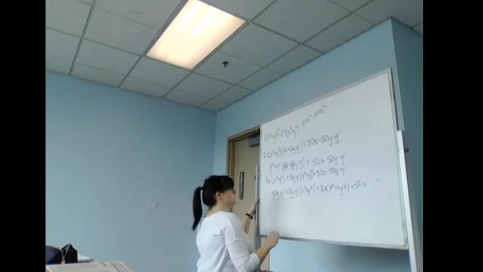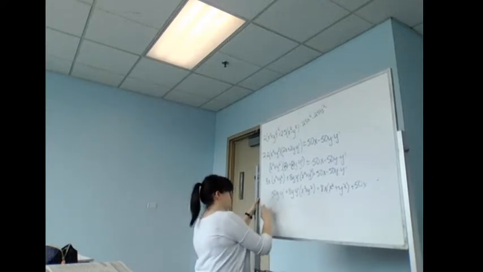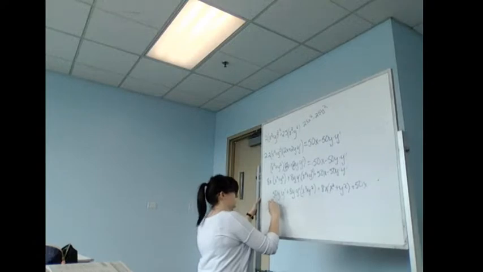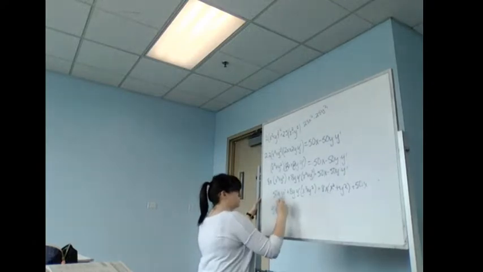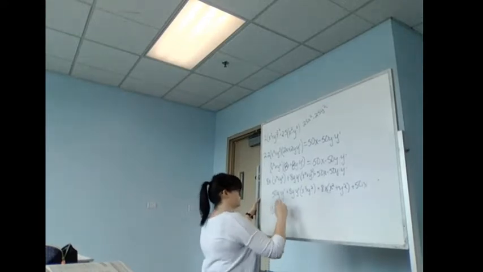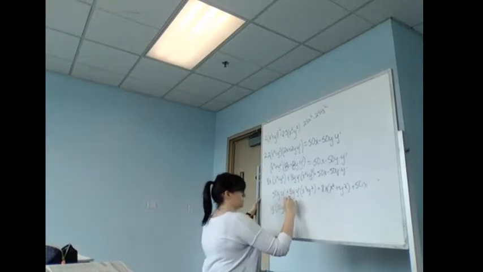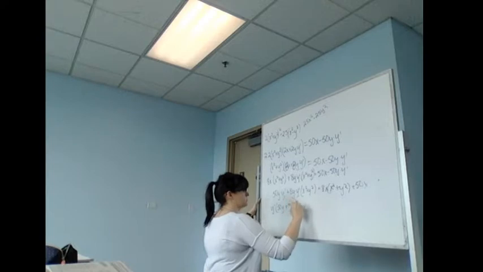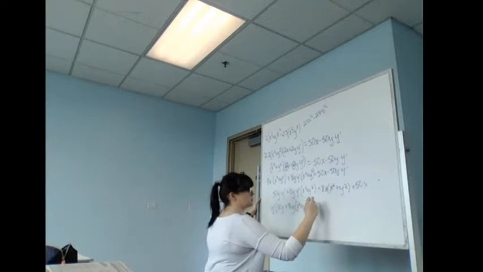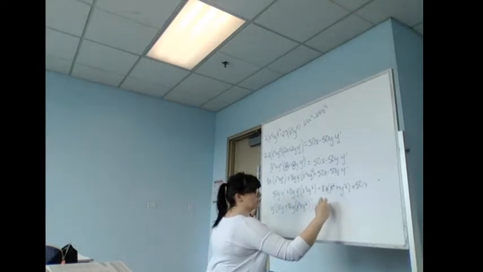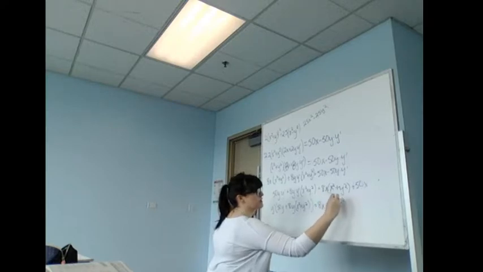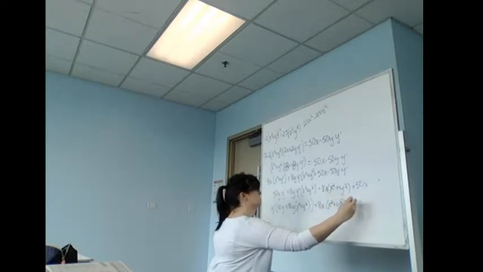Okay, so factoring out y prime, 50y plus, oh, sorry, I was automatically jumping ahead to divide everything by 2. 8y times x squared plus y squared equals 8x times x squared plus y squared plus 50x.